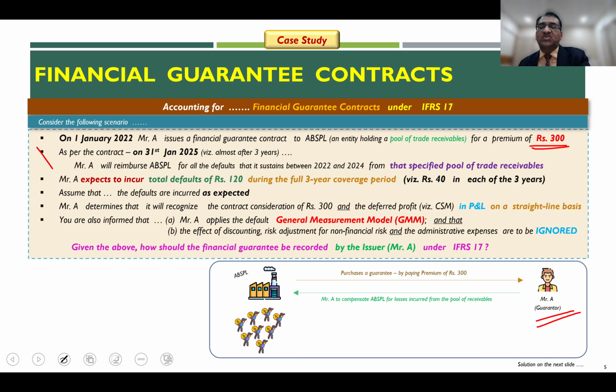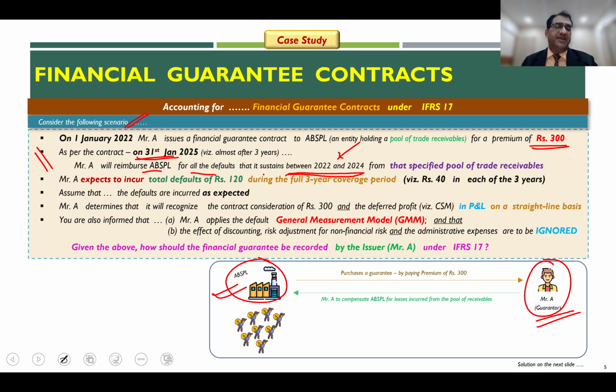As per the contractual terms, this is 2022, almost 3 years later, as per the contract, on 31st of January 2025, Mr. A, the guarantor, will reimburse this entity for all defaults that ABSPL may sustain during the 3-year period between January 2022 through January 2024, or say 1st of January 2025.